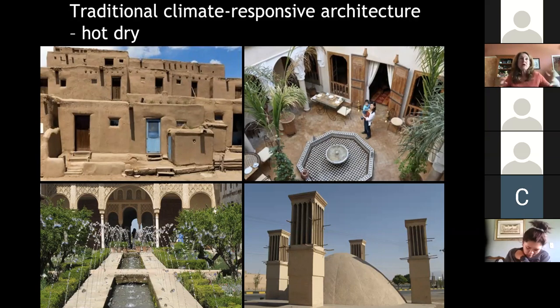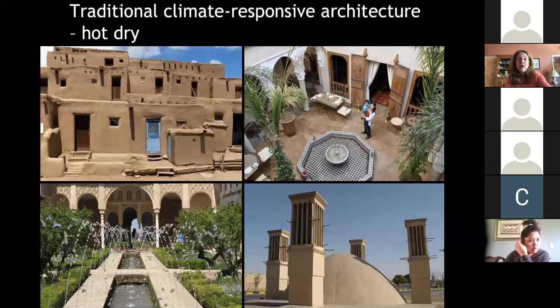So the windows on the outside are going to be very small. You might notice here there's larger windows on the inside. So if you have a shaded courtyard where you're not getting a lot of direct sun penetration, those windows might be larger. So you've got the mass, you've got the windows that can be closed during the day, opened at night, courtyards and the use of water for evaporative cooling.